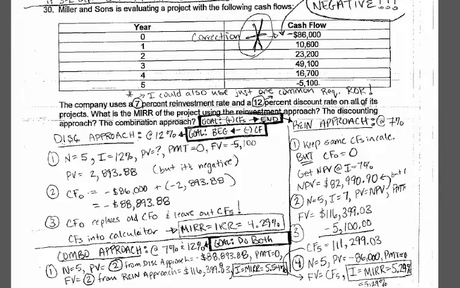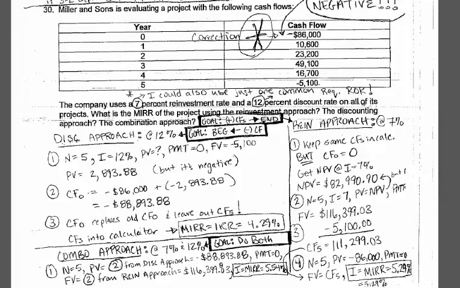Remember, look at step 3 there: this new cash flow 0 that we got from step 2 replaces the old cash flow 0 of negative 86,000, and you leave out cash flow 5. Then you should get 4.29% for your IRR, which is now your modified internal rate of return.